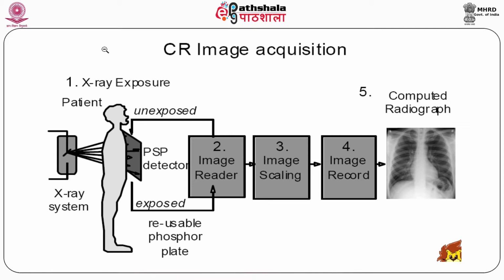Now, components of digital radiography, we will discuss first of all the image receptor, that is the imaging plate, then ID tablet, which is the image reader, CR readout, processing server, and workstation of a computed radiography.